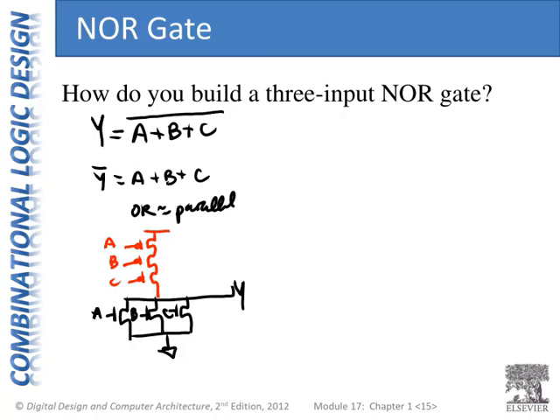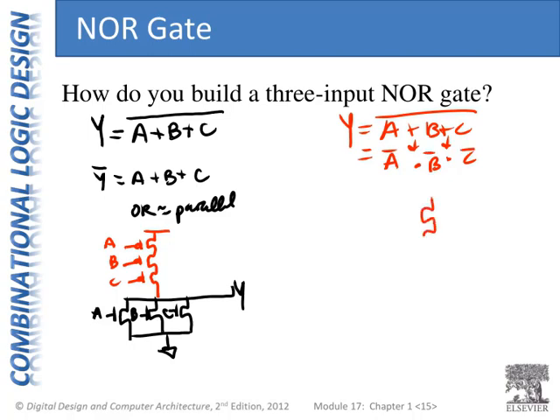We could have also started from here, Y equals A or B or C, all that bar, taking De Morgan's on that. Those ORs turn to ANDs, bring down the terms, get A bar and B bar and C bar.